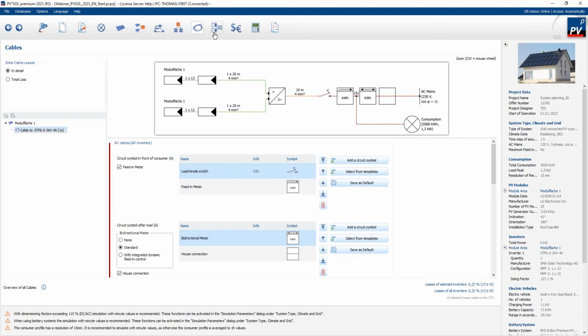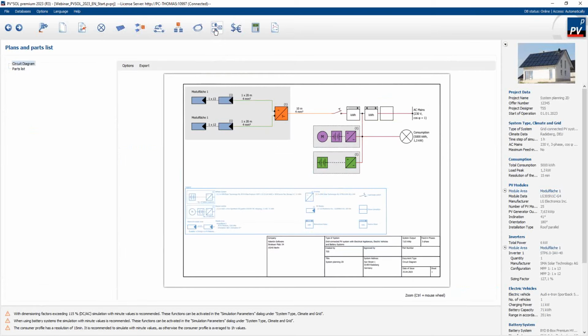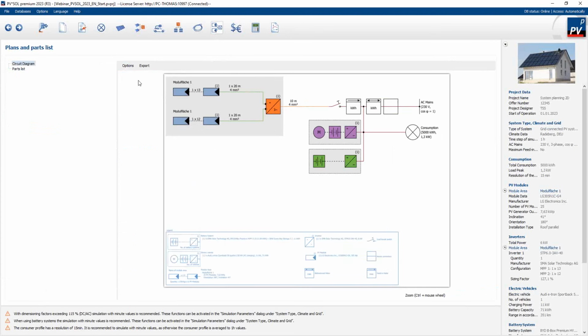We can move on to plans and parts list. There's not much we can do. It basically depends on the selection we have done so far: batteries, modules, etc. You have the option to use a legend and define where the legend should be placed here, or if you want to have a drawing space or not.